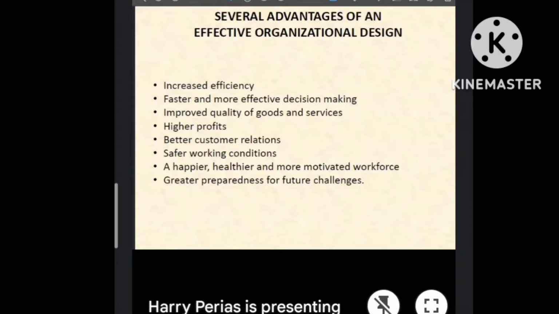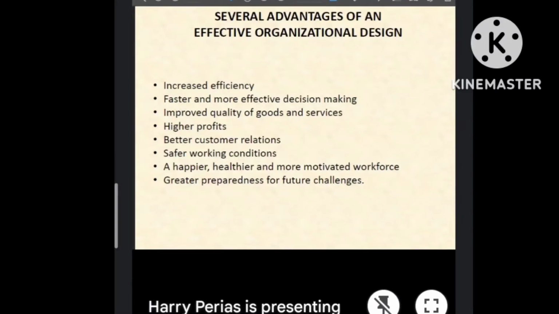And number four, higher profits. So, syempre, mas mabilis ang pagtatrabaho, mas maganda ang quality, magta-translate siya into sales na mas mataas, and at the same time, lower operating costs, so magkakaroon tayo ng higher profits. And the fifth one is better customer relations.